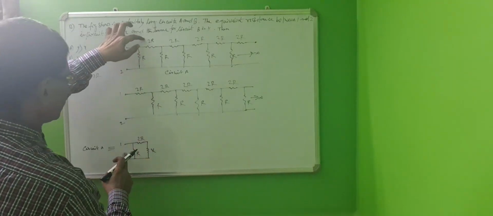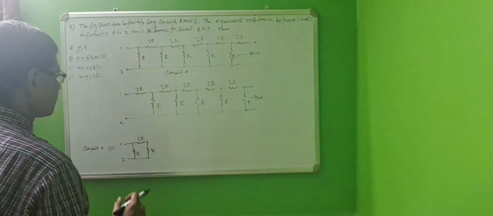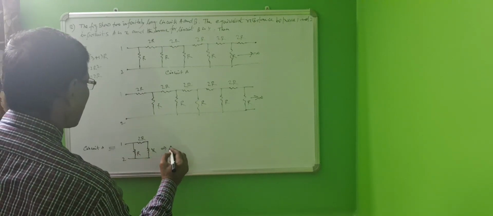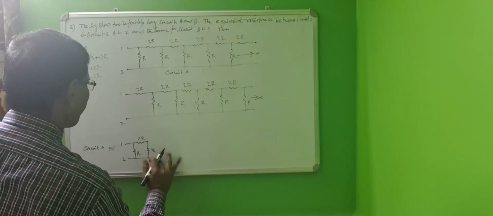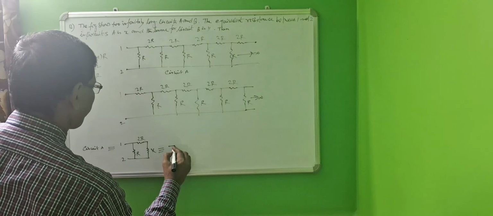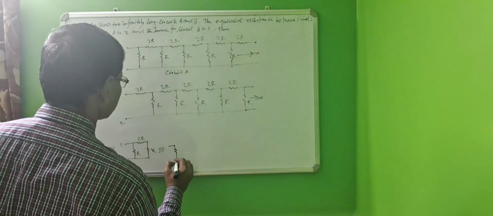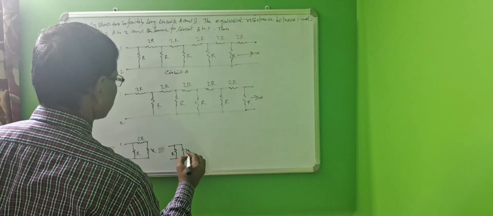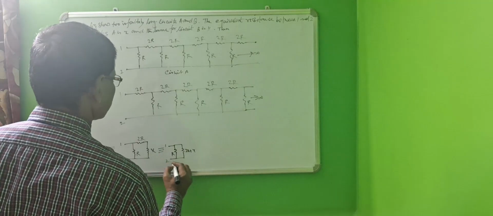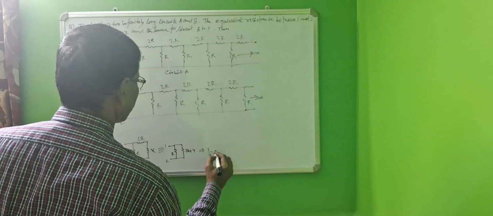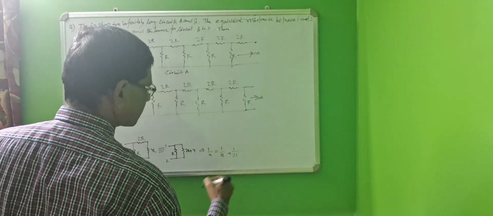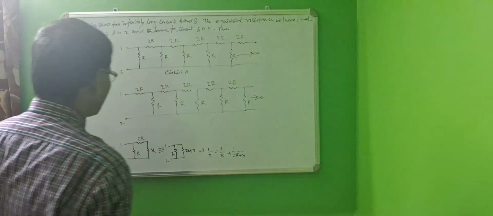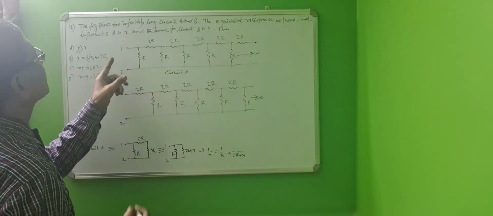So these R and twice R are fixed here, and this portion is taken as the resistance X. So we can write 1 by X equals 1 by R plus 1 by (twice R plus X), because this is an infinite circuit and this portion is repeating.